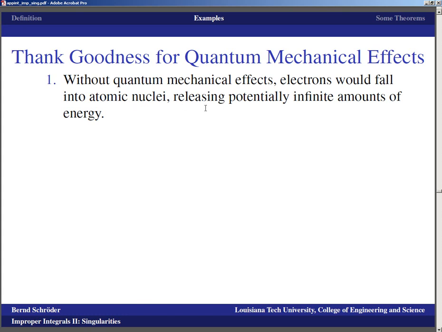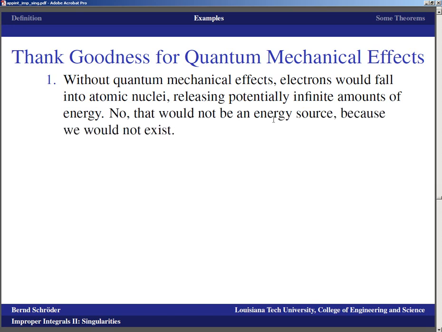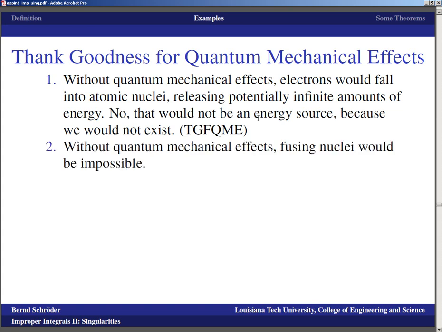And on the way of falling in, they would potentially release infinite amounts of energy. And that would not be good, because that would not be an energy source, because all this stuff would have collapsed a long time ago as the universe started stabilizing, and we would not exist. So thank goodness for quantum mechanical effects that keep that from happening.